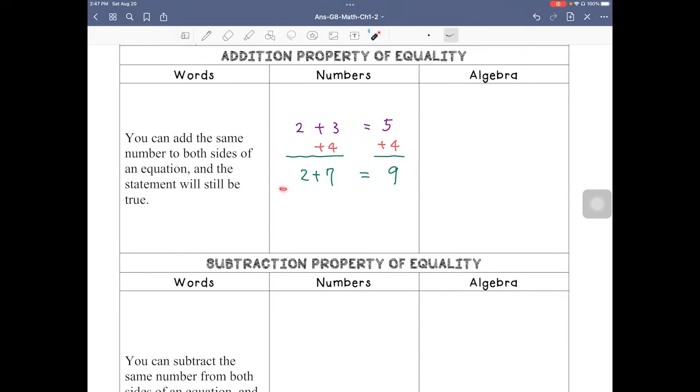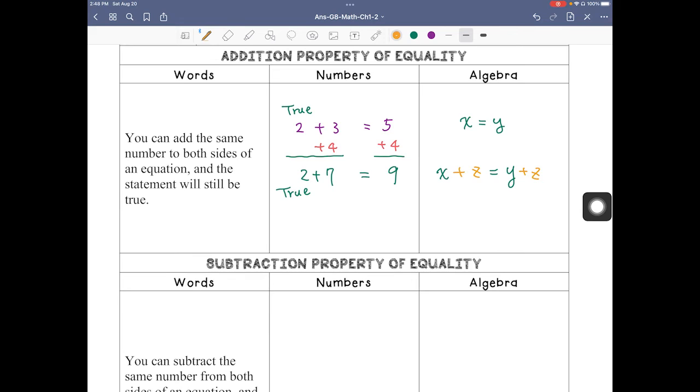Such as, when x equals y, x plus z will still equal y plus z.